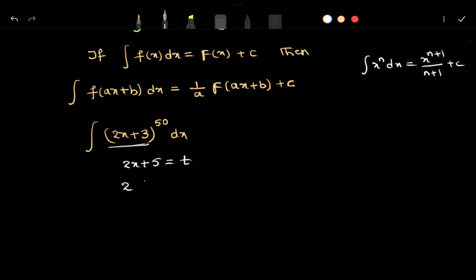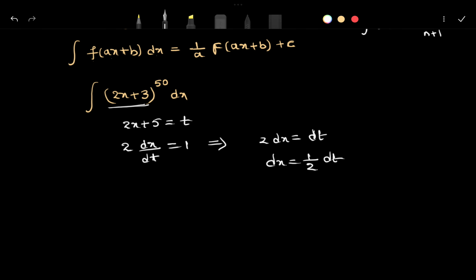This will be 2 into dx by dt, where the derivative of the constant is 0, equals 1. So now we can write 2 into dx equals dt. Now after that, what is the dx value? dx is equal to 1 by 2 into dt.